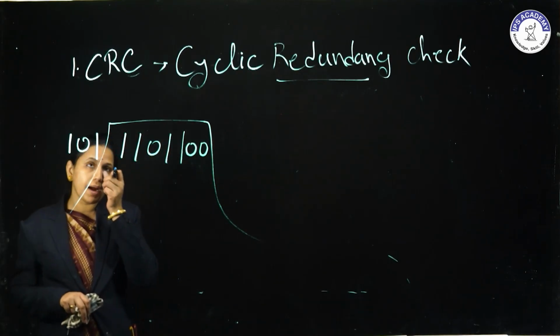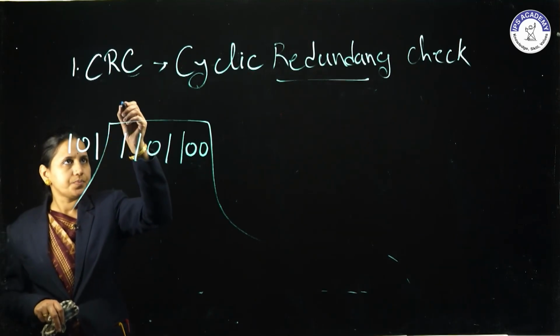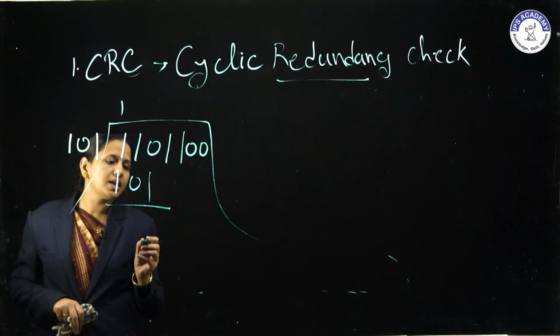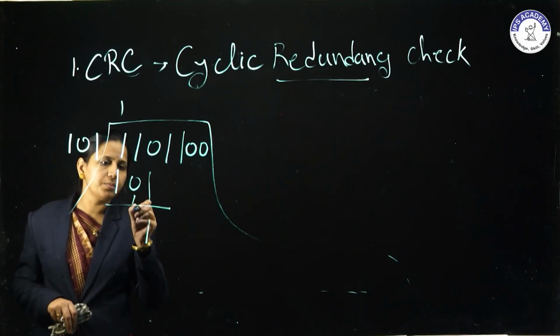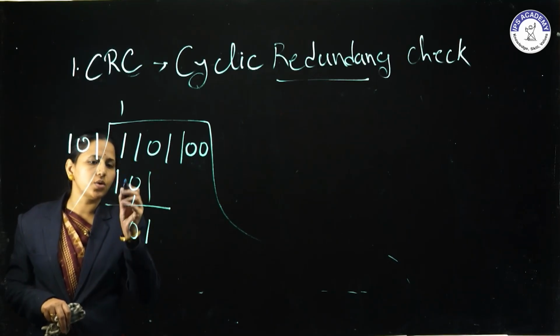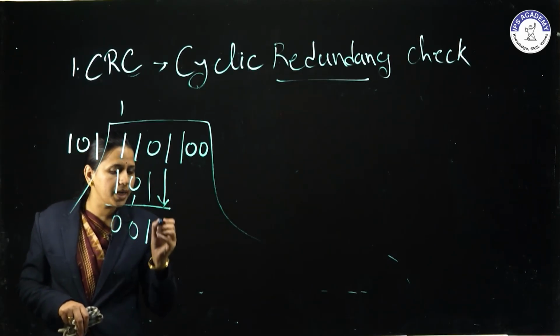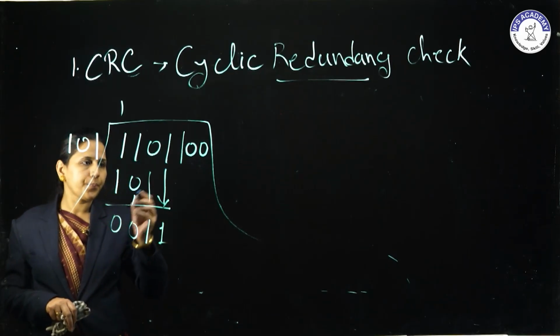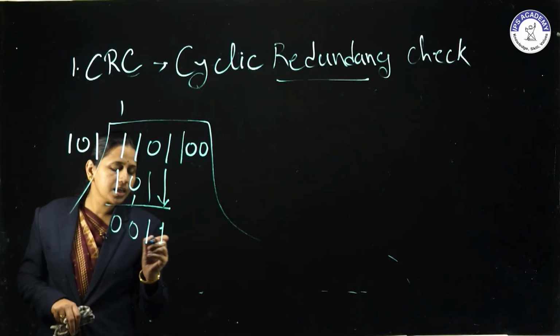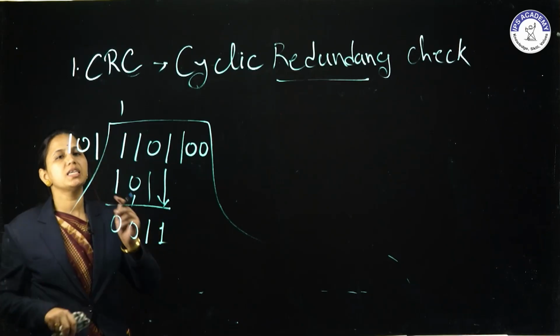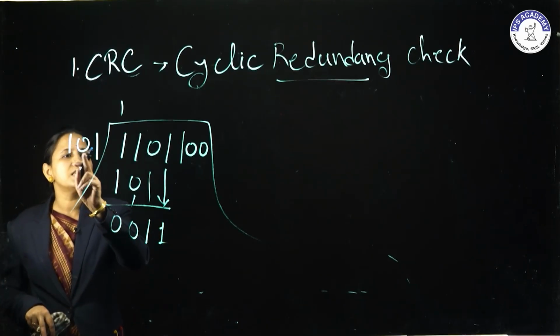Now by using the binary division concept, 1 0 1, 0 minus 1 is 1 with a borrow, 1 minus 1 is 0, 1 minus 1 is 0. Now we need to add some more bits. So this is 1. We have only 2 bits, 1 1, but in this case we have 3 bits, 1 0 1.